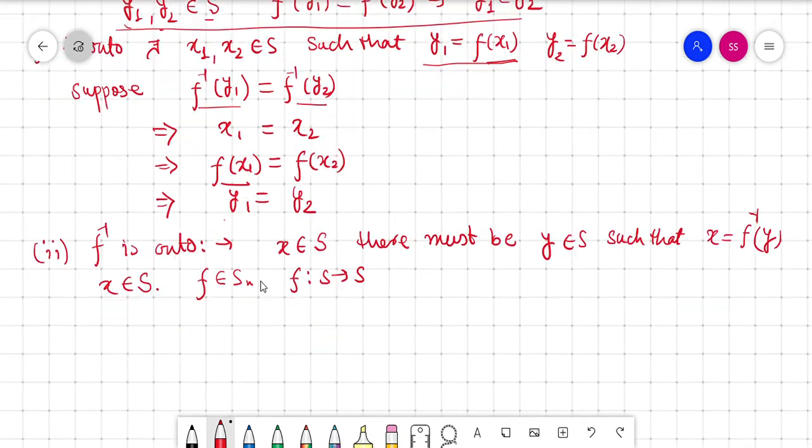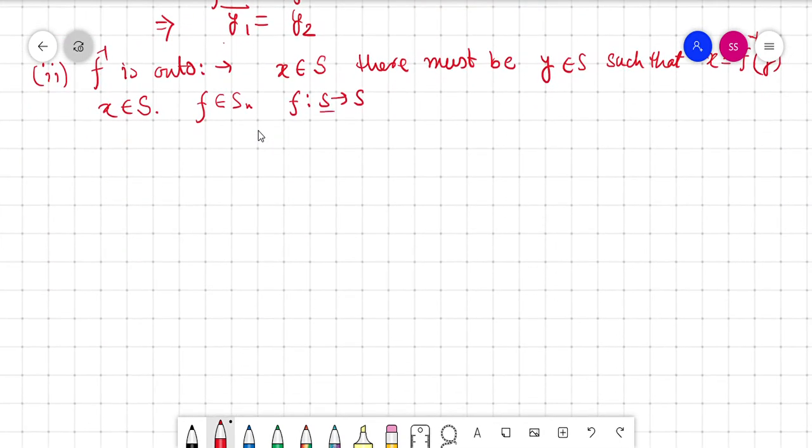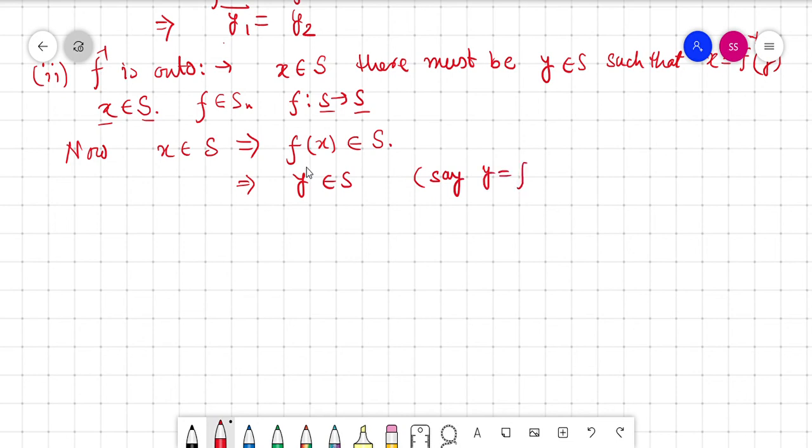Okay, since the mapping is from S to S and x belongs to S, it implies that the image of x under F will be an element of S. So name this f of x as y. Say y is equal to f of x. Okay, so this is the y which we are searching for.